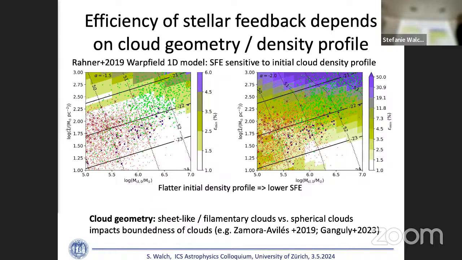Because this is a valid question, but what you would then be asking is why do clouds have a flat profile, and why are they not more like singular isothermal spheres, which some people like too.